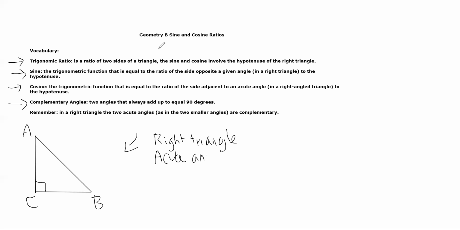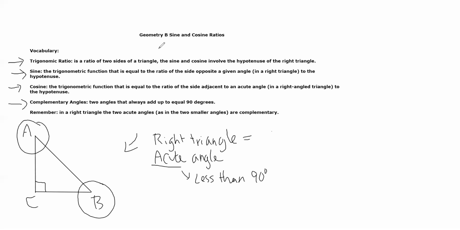Acute angles are the other angles. They're the angles that are smaller. The actual word acute is referring to an angle that is less than 90 degrees. Also, I need you to remember that a right triangle is equal to 180 degrees total. Why is this important?